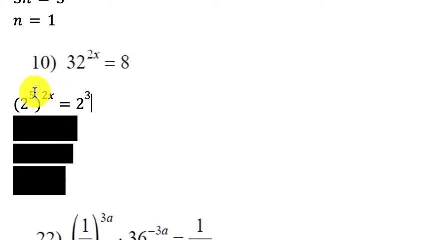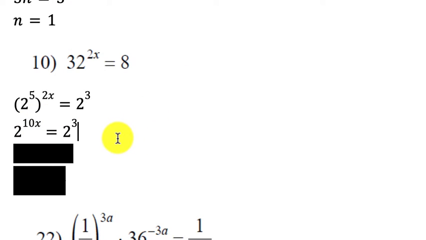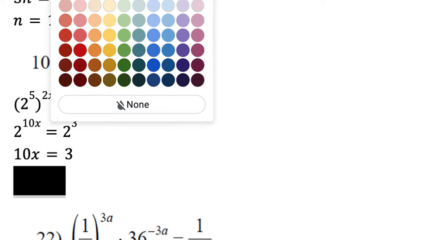And the rule here is if I have a power to a power, then I multiply the exponents together. So the left side becomes 2 to the 10x. I now have equal bases. So something with the same base equals something with the same base. Therefore, the exponents must be equal. So I can set 10x equal to 3 and solve for x from there. Divide both sides by 10, and we will get x equals 3/10.